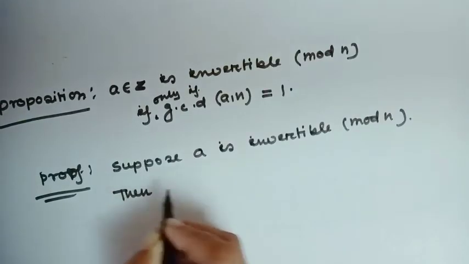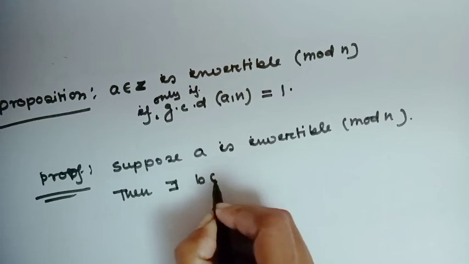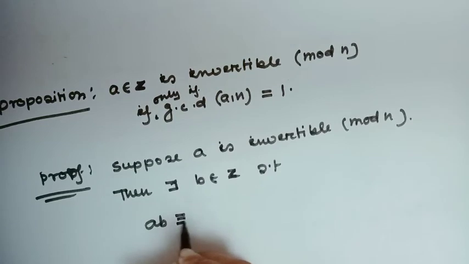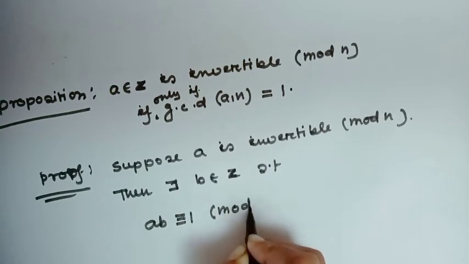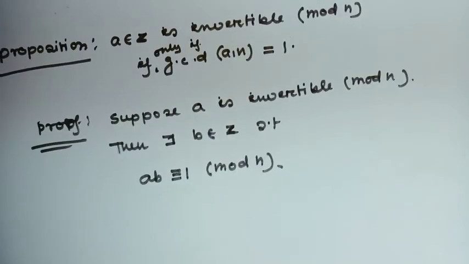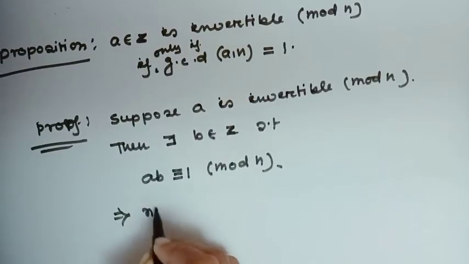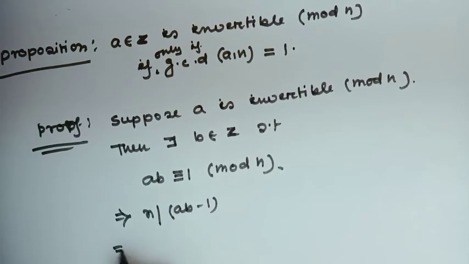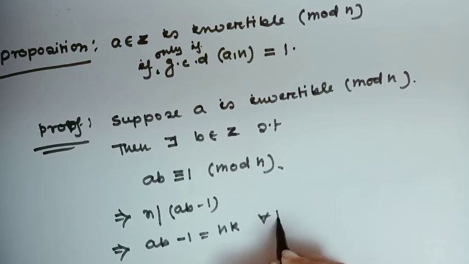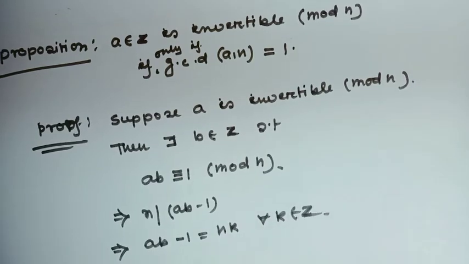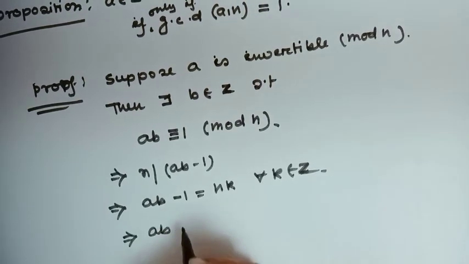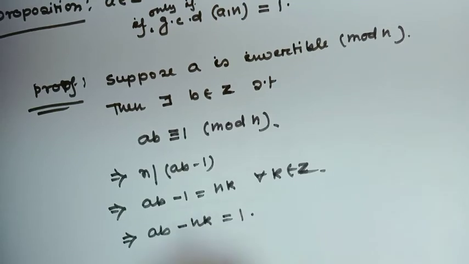Then there exists b in the integers such that ab is congruent to 1 modulo n. That implies n divides ab minus 1. That implies ab minus 1 equals nk for some k in the integers. We can write ab minus nk equals 1.